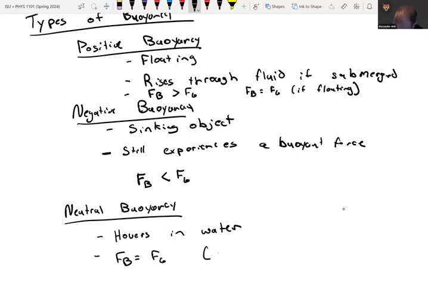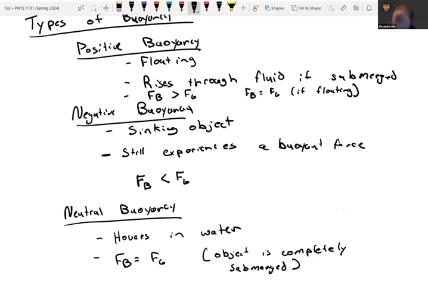It's worth noting that the way this is different is the object is completely submerged, unlike a floating object, where the force of buoyancy is only equal to the force of gravity if the object is floating on the surface. Okay, so that's the main difference.